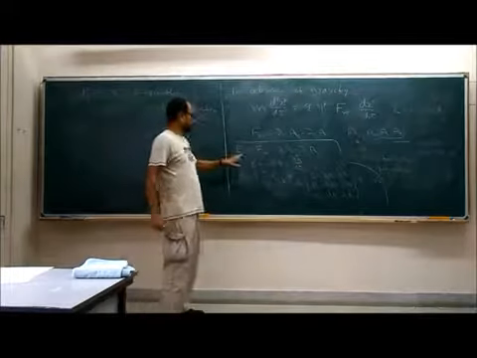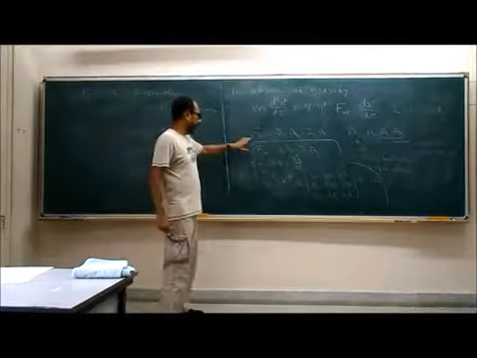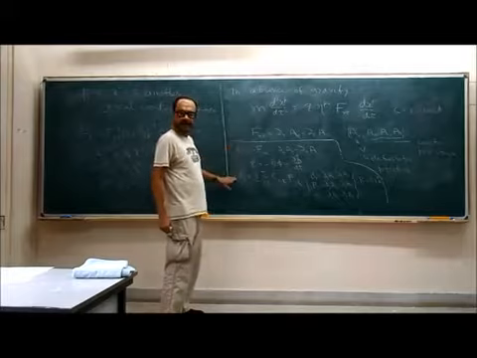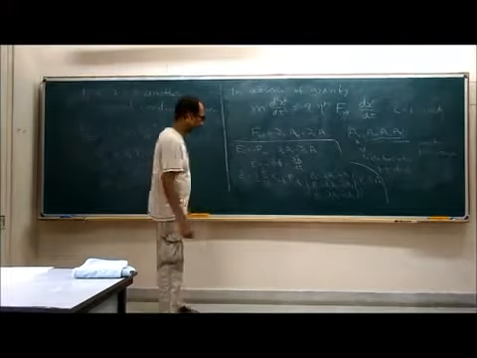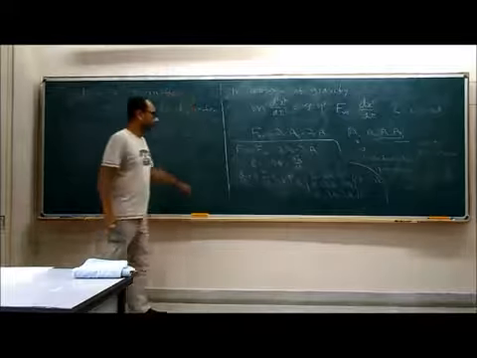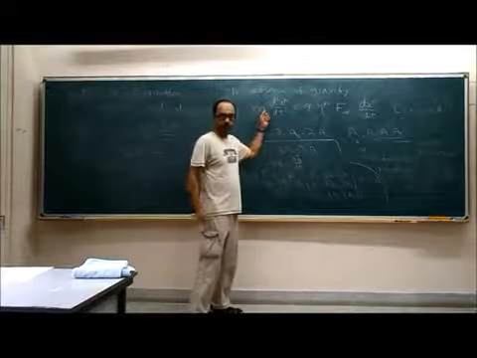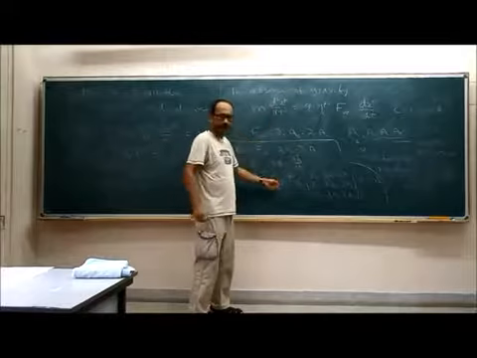I'm just making the connection between F mu nu and E and B, the covariant notation to the usual vector notation. And then what you want to see is that this becomes the Lorentz force law in terms of these variables.